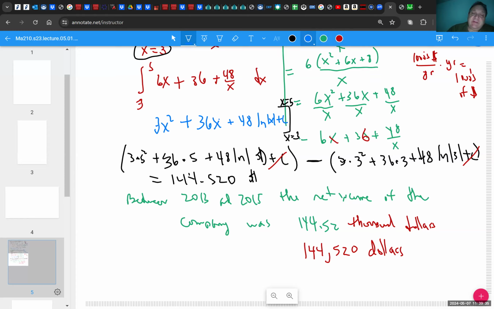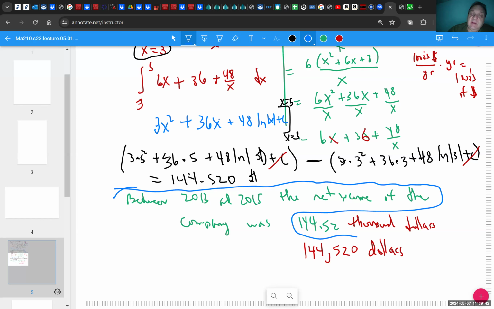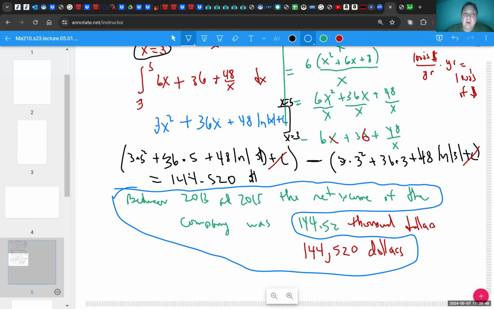So my answer is between the years of 2013 and 2015, the net income of the company was $144,520.